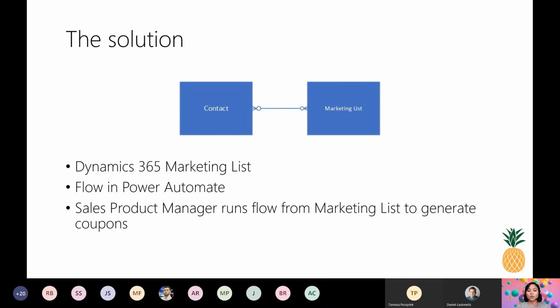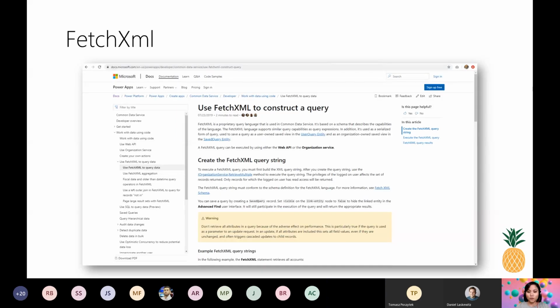And what I will do is show you how you can create a flow in Power Automate using either connectors for CDS, and then I'm going to show you how the sales product manager is going to run a flow from the marketing list to generate coupons. So this is for the standard CDS connector. One of the query techniques that I will be showing you today is what we call Fetch XML.